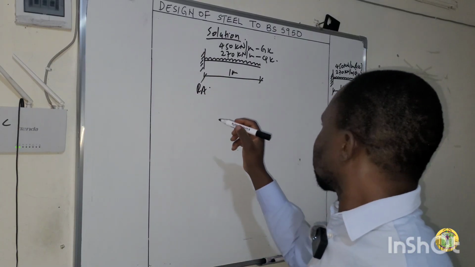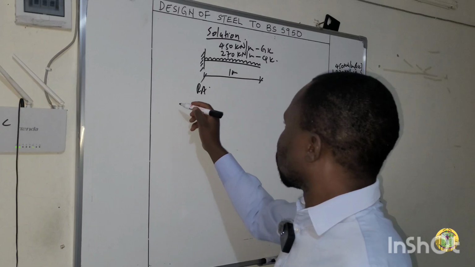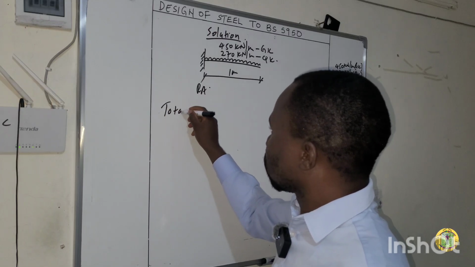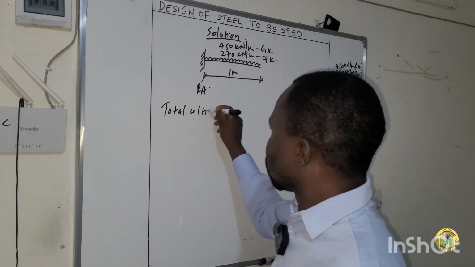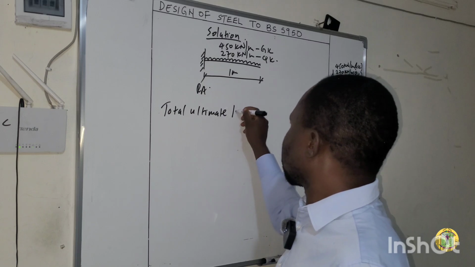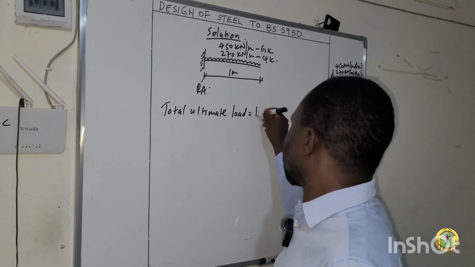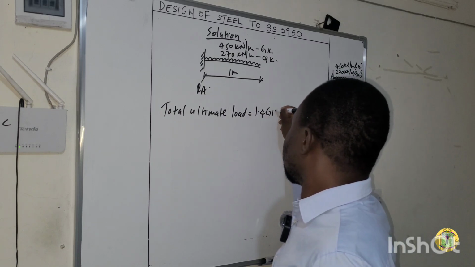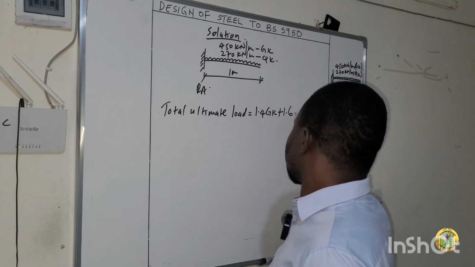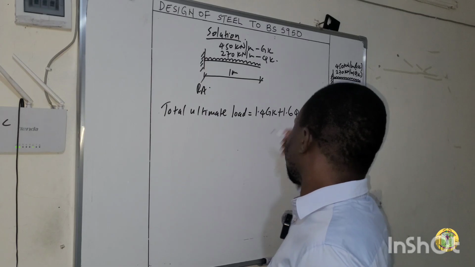So let's start. The total ultimate load is equal to 1.4 GK plus 1.6 QK.